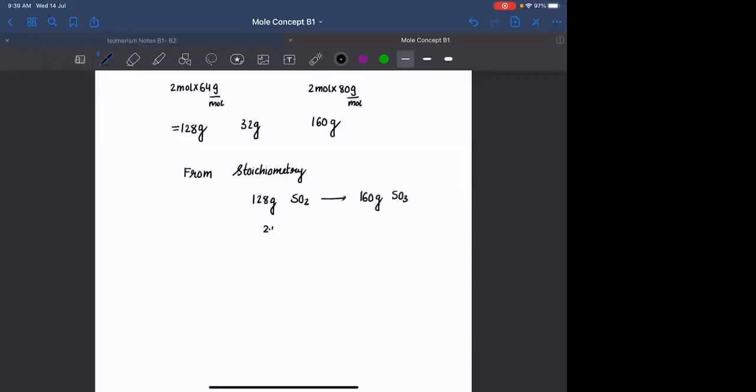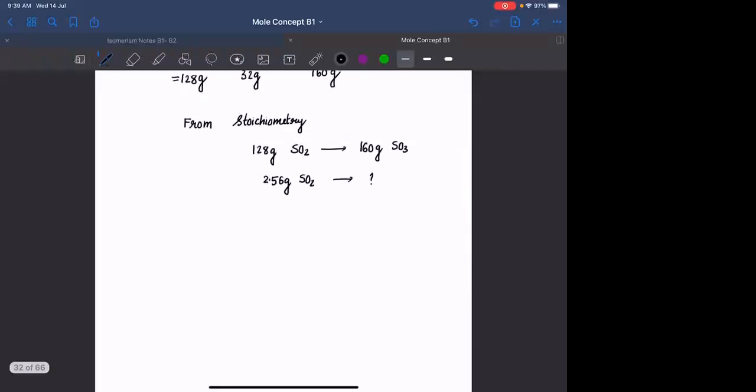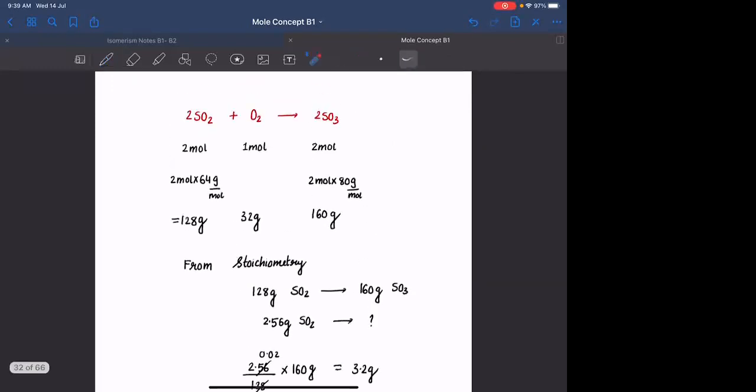So now in the question, 2.56 grams SO2 will give me how much amount of SO3? You can use the unitary method. 2.56 upon 128 into 160 gram. This is 0.02, so this is 3.2 grams again. Understood?